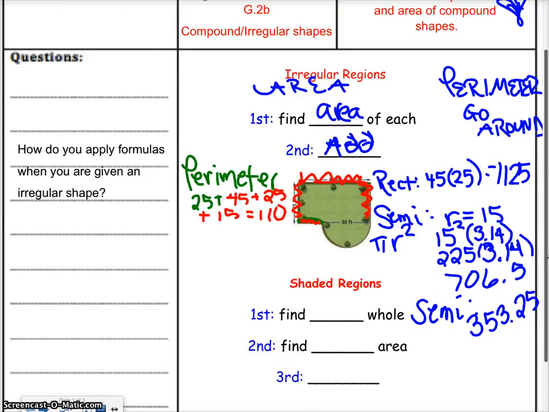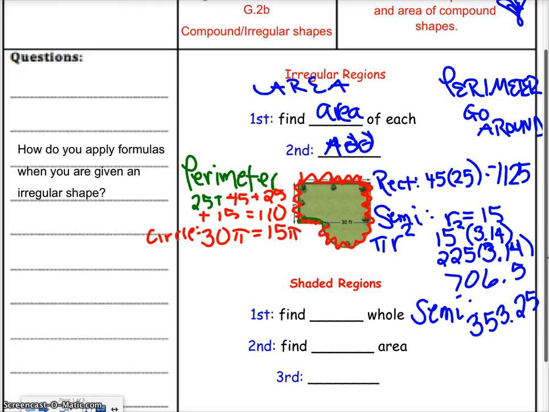Now my circumference. Remember, outside of a circle is circumference. So pi times diameter, 30 pi. Okay, but I'm half of that. So half of 30 is 15, so I'm really 15 pi.